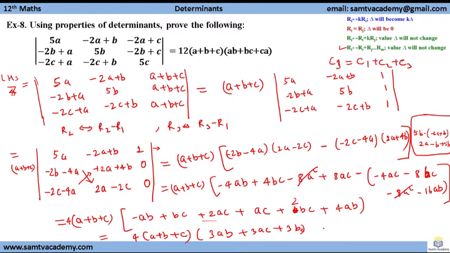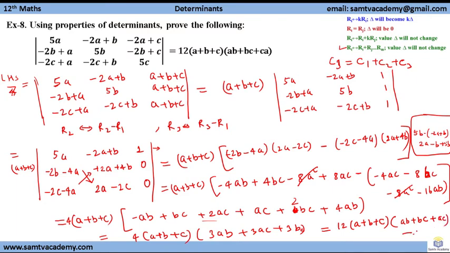So if you take common from here 3, the 4 3 are 12, and we can write A plus B plus C, and last term it will be AB plus BC plus AC.